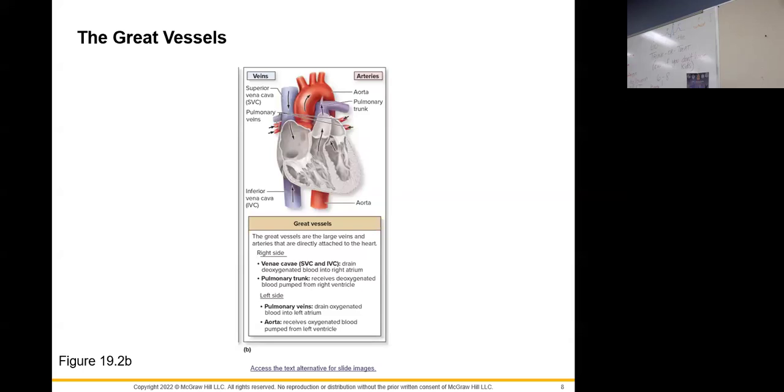And we're going to do this 70 times a minute. Over and over again. But that's at rest. If you go faster, it just speeds up.